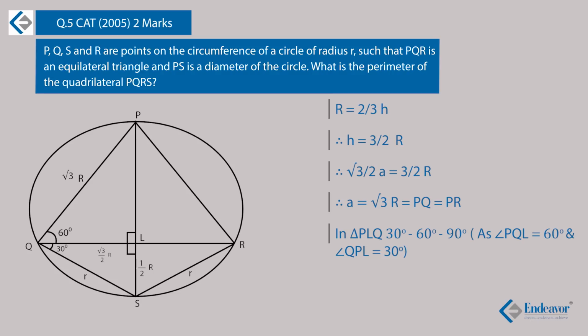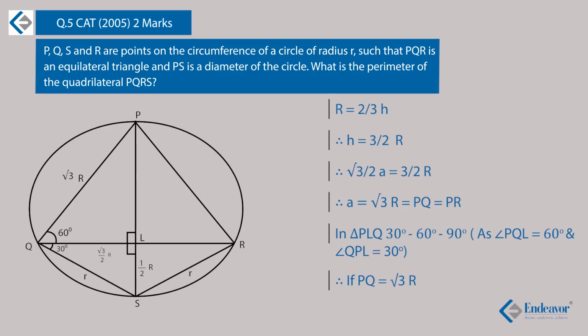If we join P and S and join Q and R, and let's say they intersect at the point L, because of symmetry, angle PQR is 60 degrees, and PS and QR are intersecting at L. We know that angle PQR is 60 degrees because it's an equilateral triangle, and therefore all the angles are 60 degrees.